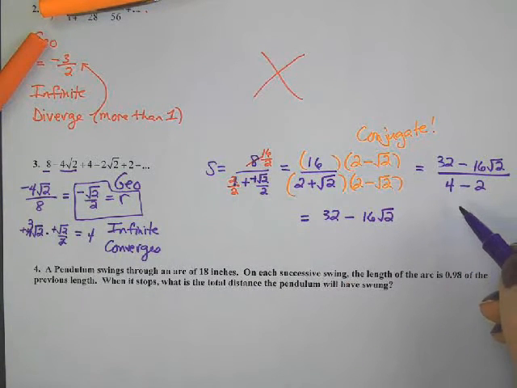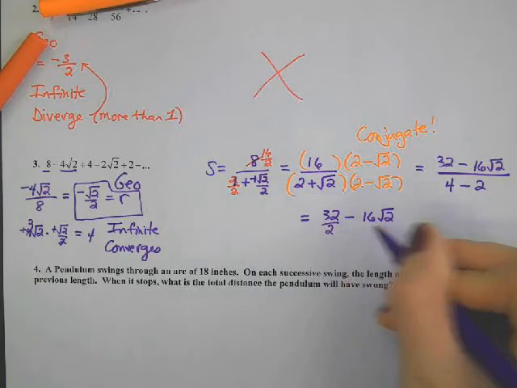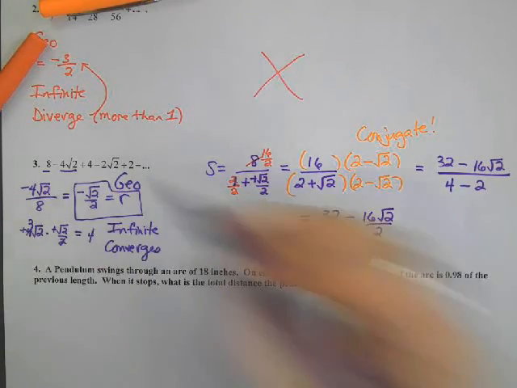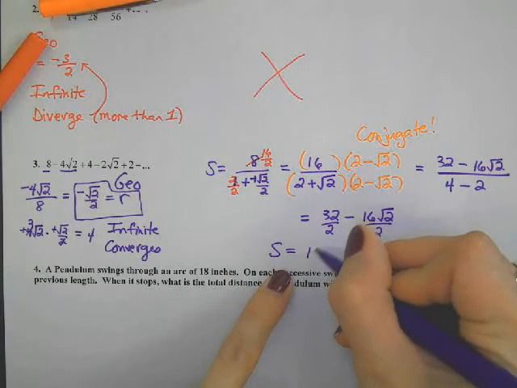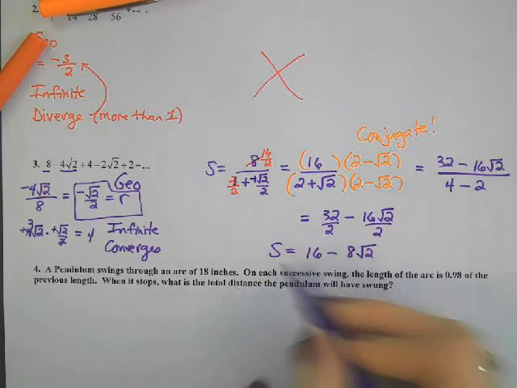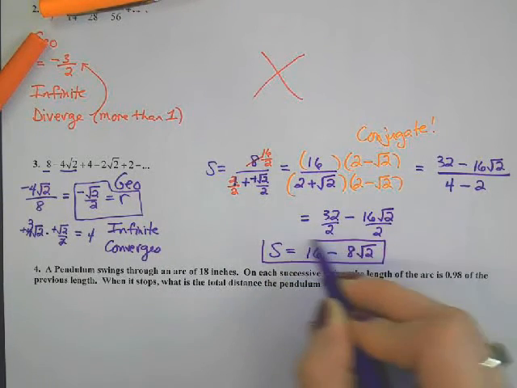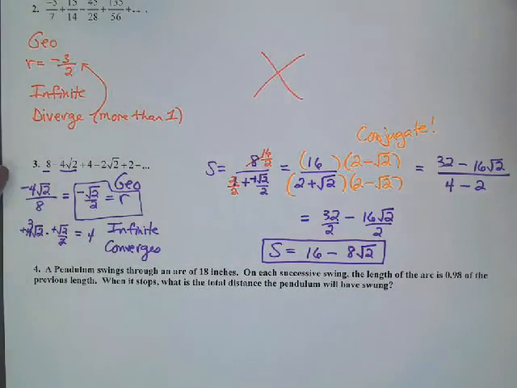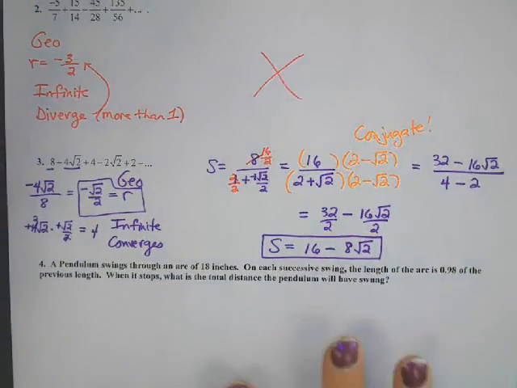Who's going to get the 2? Well, each of them will get the 2. So the sum of all these radical numbers is 16 minus 8 radical 2. Look at that. Great review of radicals. Keep some chapter 7 stuff fresh for us.